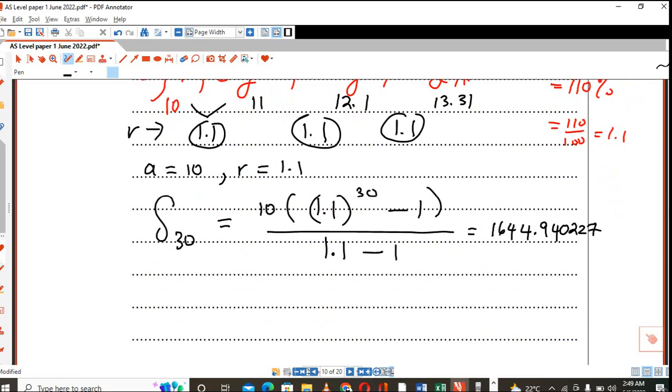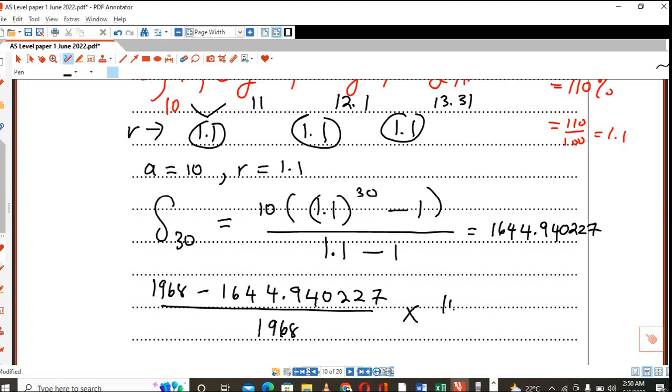So, percentage of water left is 1968 minus 1644.940227 all over the original amount of 1968, and you multiply that by 100%.